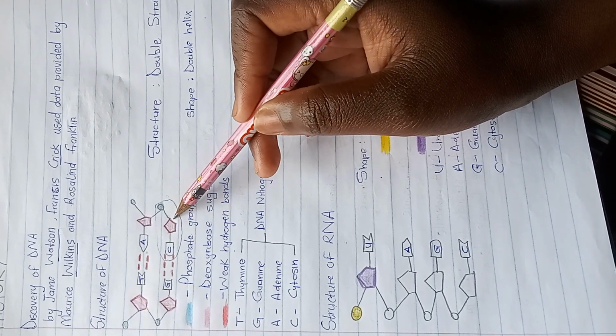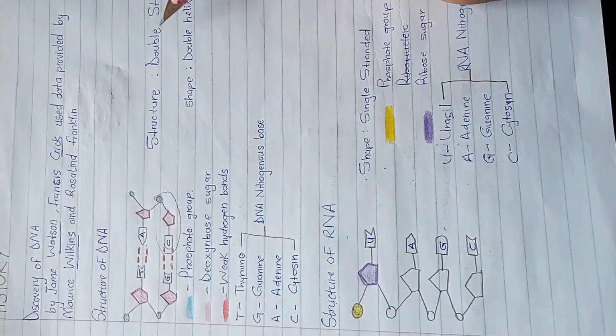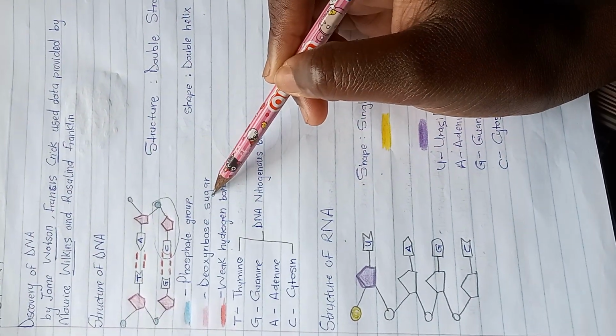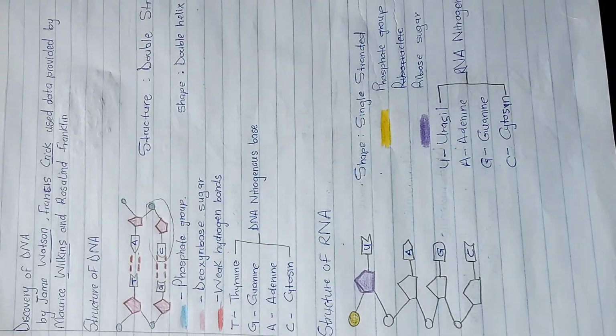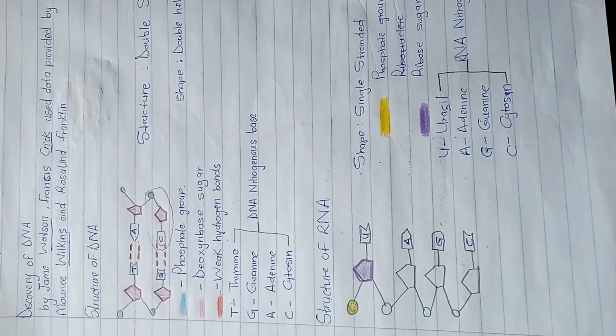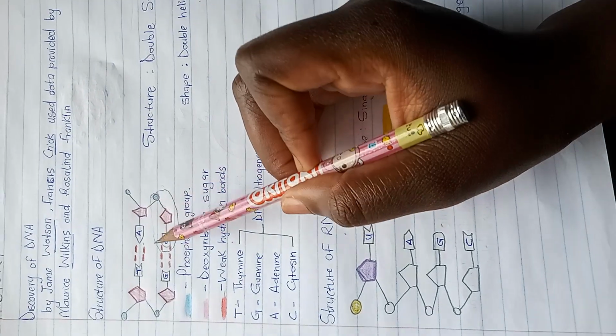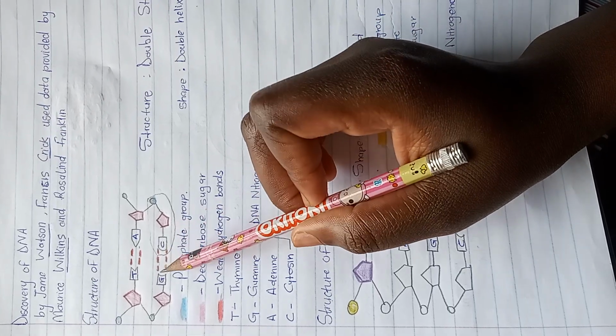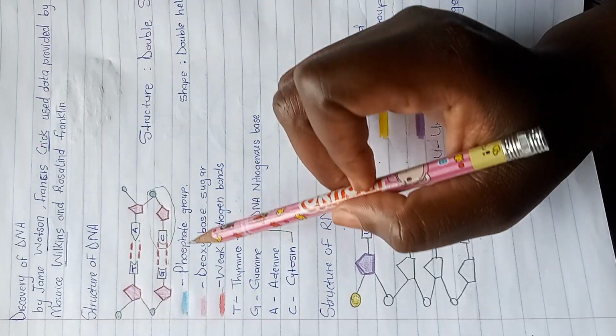And then the pentagon that you see here, since we are on the DNA, we call it the deoxyribose sugar. But if we are not on any of the nucleic acids, we call that pentose sugar. And then those red dotted lines between the nitrogenous bases are called weak hydrogen bonds.